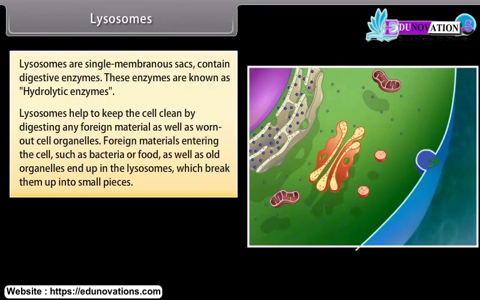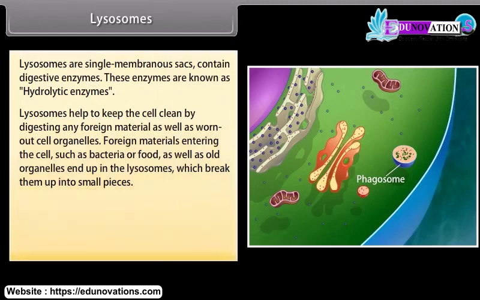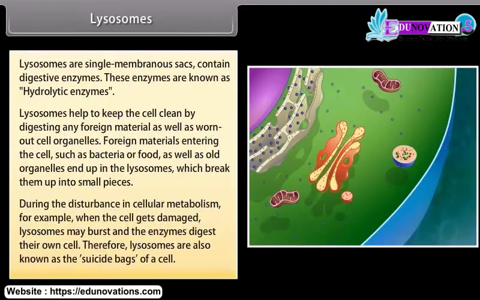Foreign materials entering the cell, such as bacteria or food, as well as old organelles, end up in the lysosomes, which break them up into small pieces. During a disturbance in cellular metabolism, for example, when the cell gets damaged, lysosomes may burst and the enzymes digest their own cell. Therefore, lysosomes are also known as the suicide bags of a cell.